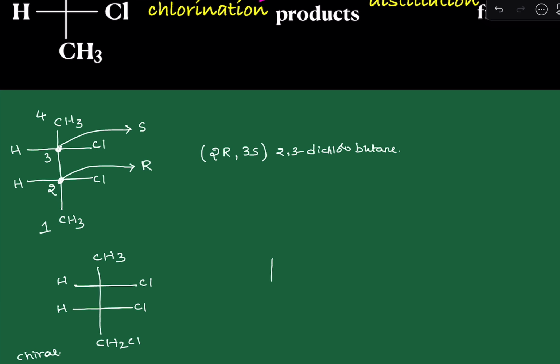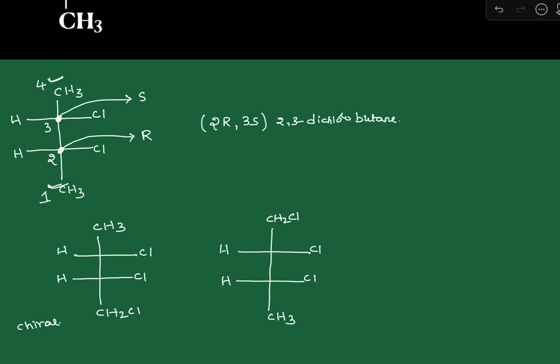And another possibility, instead of taking substitution at this carbon, now I am taking at this carbon. As a result, it becomes CH2Cl, and this is a CH3, Cl, Cl, hydrogen, and hydrogen. In fact, these are structurally the same, but stereochemistry wise, they are definitely not the same, and we'll prove that this is also chiral.